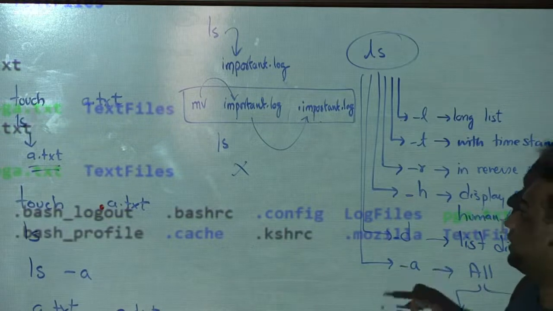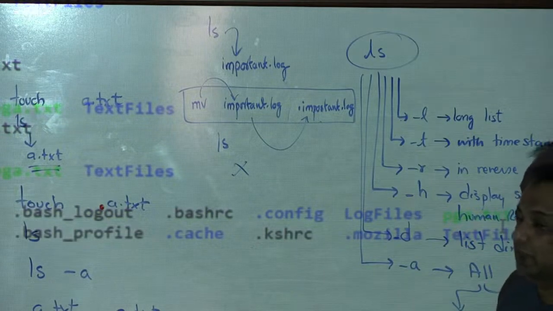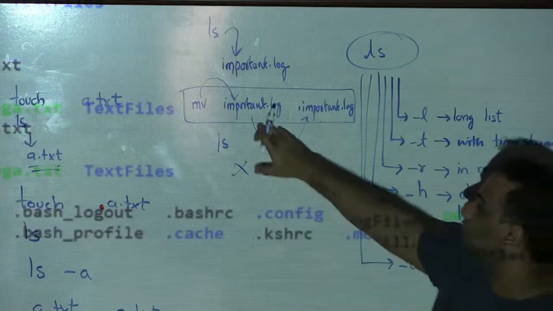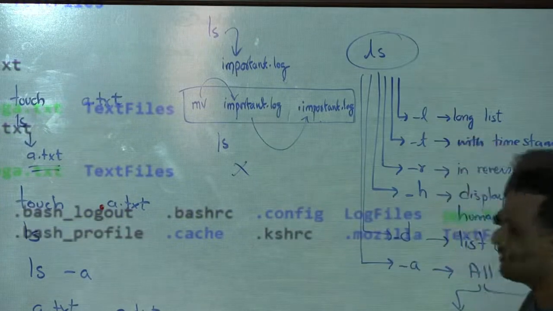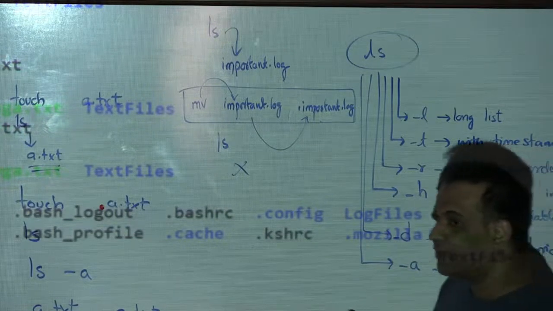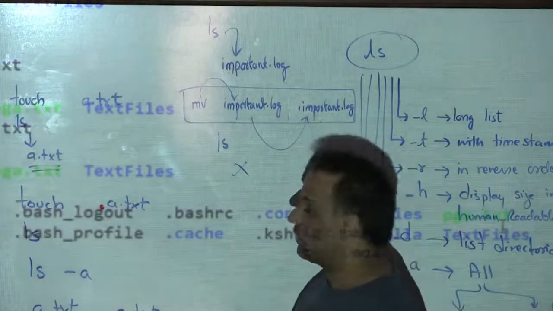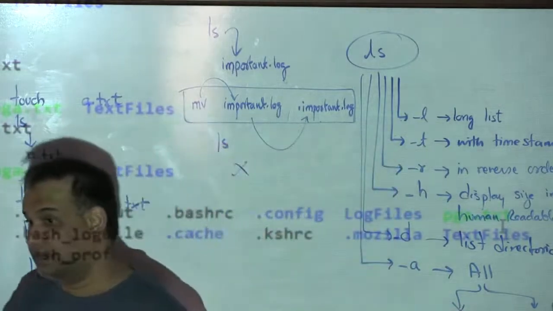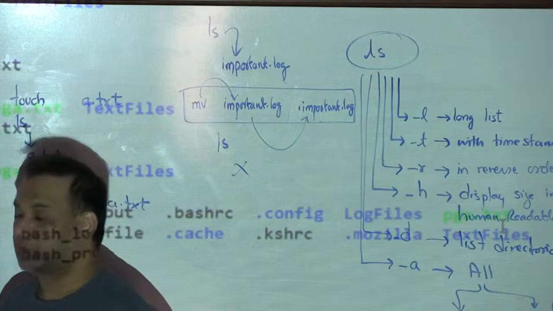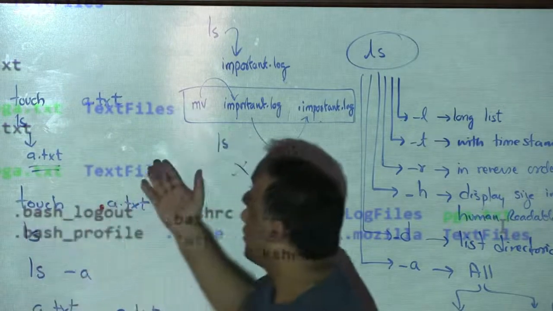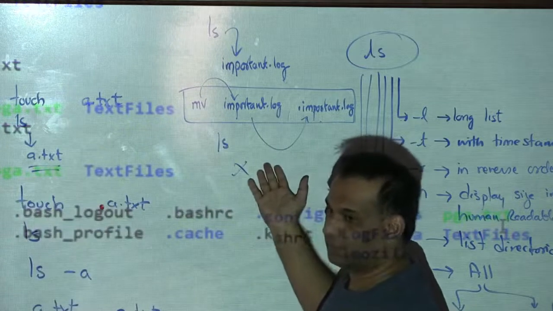If you want to send it somewhere else, maybe right now you are in level 3 and you want to send it to level 17, then you have to provide the path. But if it is the same directory and you just want to hide it, I will simply use this command. So this command we can use to move and rename. Basically you are moving the file, but calling it renaming.